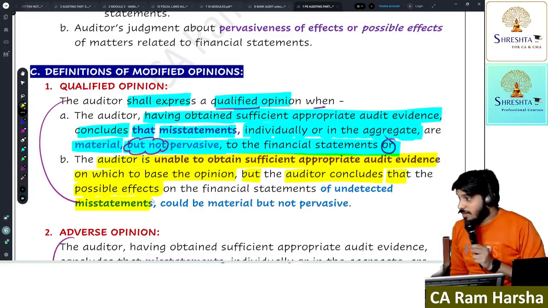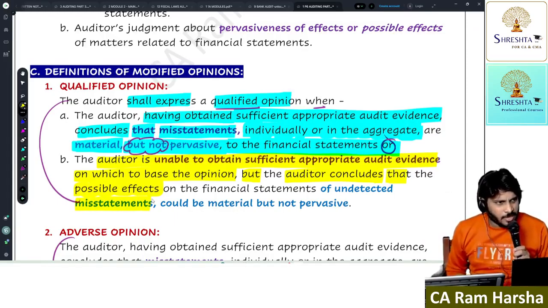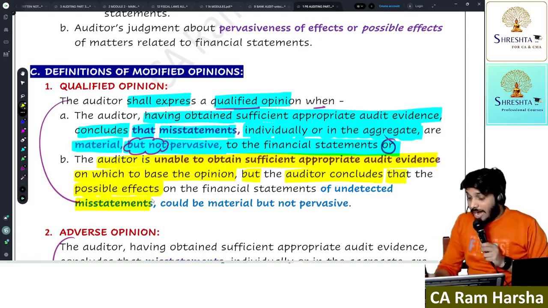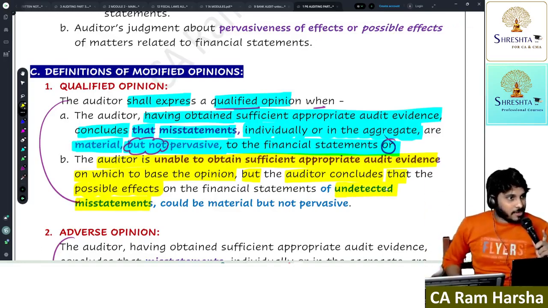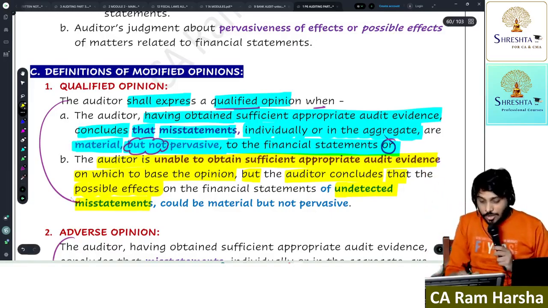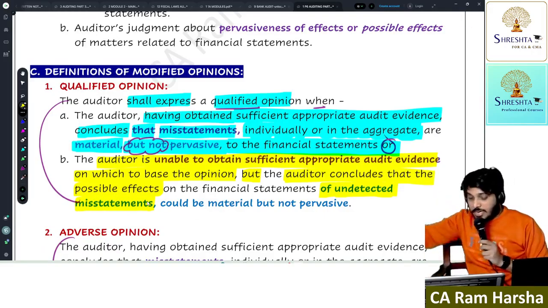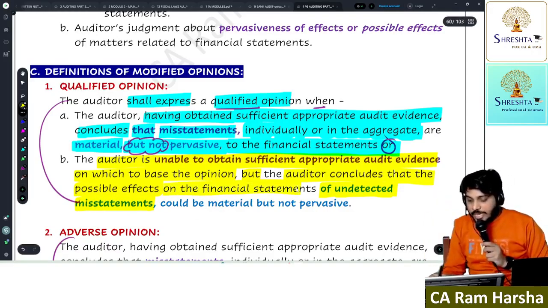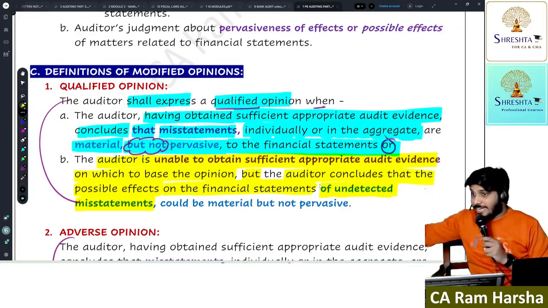Is the misstatement actually existing? Undetected. You did not detect it, you did not identify it. You are only talking about possibility. Yes or no? What if the auditor concludes the possible effect of undetected misstatements on the financial statements?